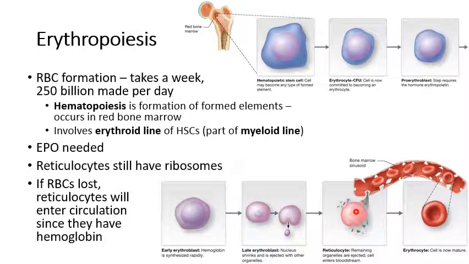Since they have hemoglobin, they can still carry oxygen and be functional, and they'll just mature into red blood cells within the blood, at which point they'll be able to carry even more oxygen. The only organelle that they have left that a mature red blood cell does not have is the ribosome. So they still have some ability to make protein, potentially.